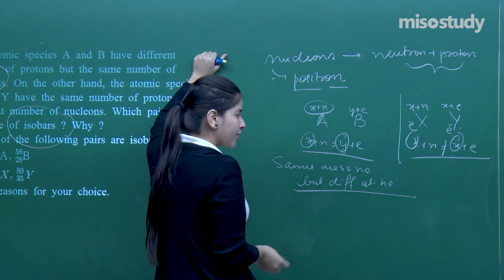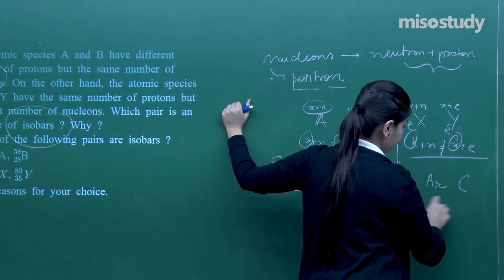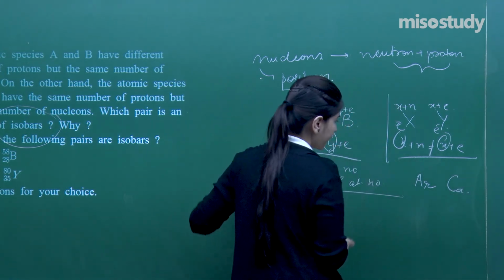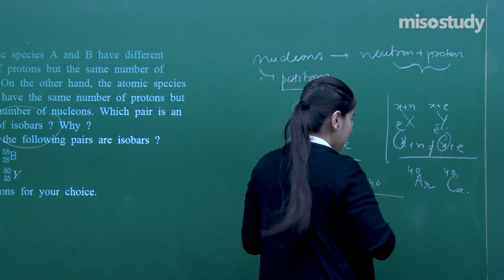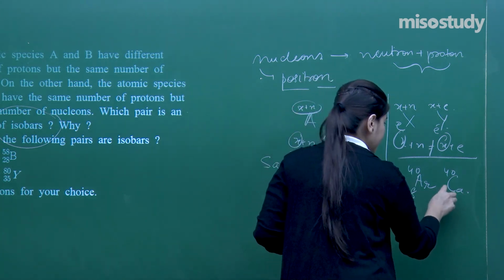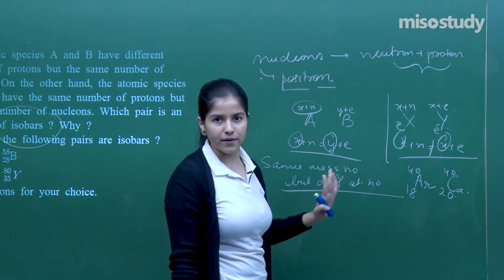For example, argon and calcium. Both of them have 40 as the mass number. Argon has 18 and calcium has 20 as the atomic number. So these are called isobars.